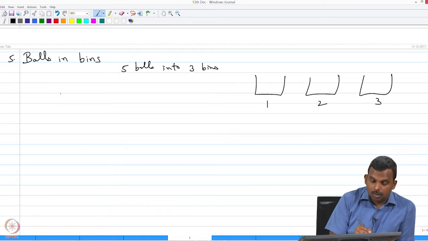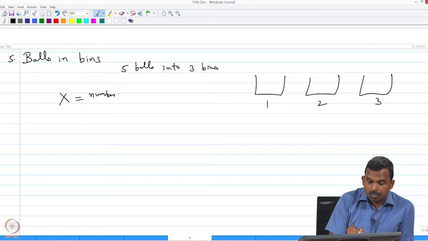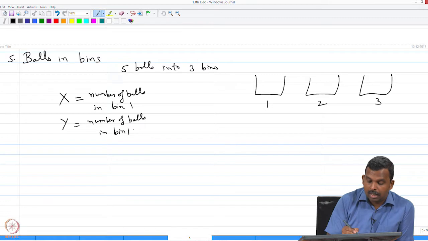So, you can define so many random variables and they are all quite interesting. So, you can say x is the number of balls in bin 1. Okay. Maybe I will define y as the number of balls in bin 1 and bin 2.